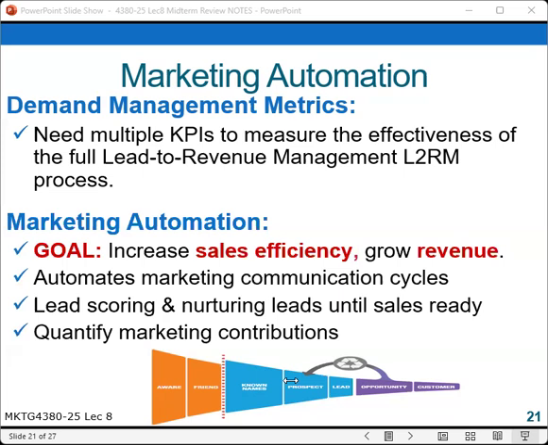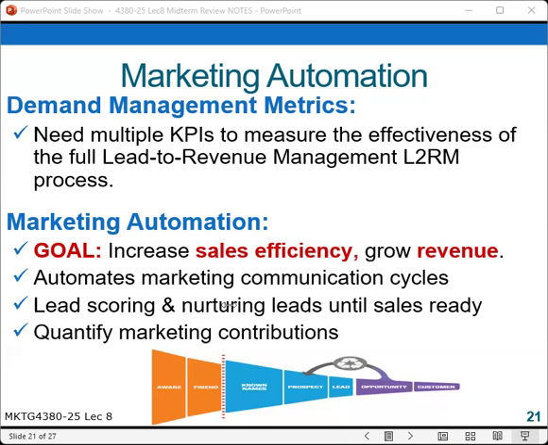So the automation process basically does so much of the day-to-day activities that would be otherwise time consuming. So you can set up email contacts, etc., based on wherever people are in this sales funnel.